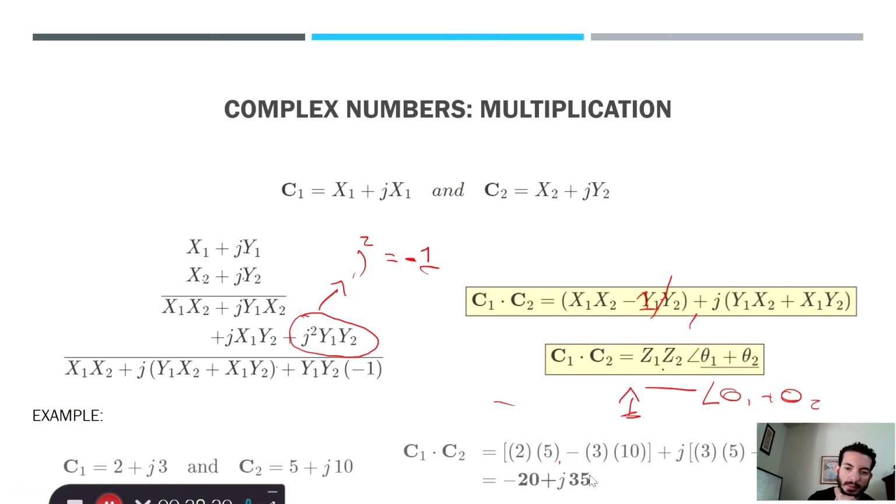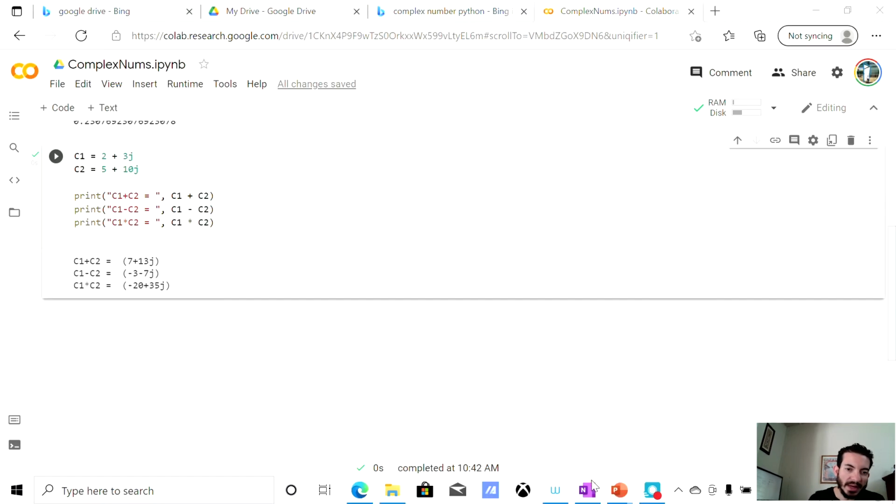The way you do that, as we said, is 2 times 5 minus 3 times 10, which are the imaginary parts, and then 3 times 5 plus 2 times 10. If you just follow the rule of thumb, you get -20 plus 35j, which is the same thing that we got with Python right here.